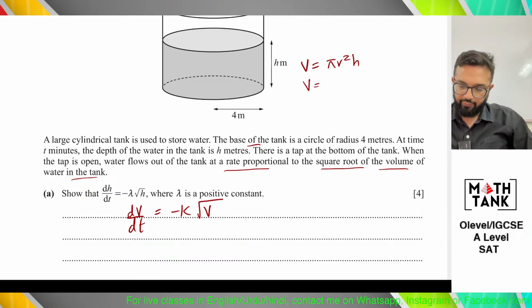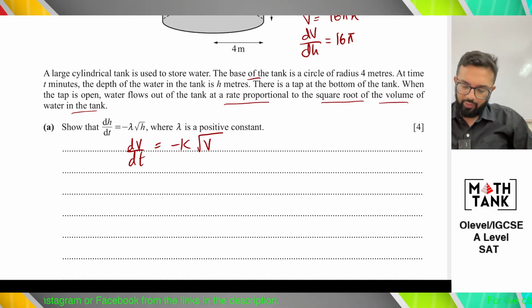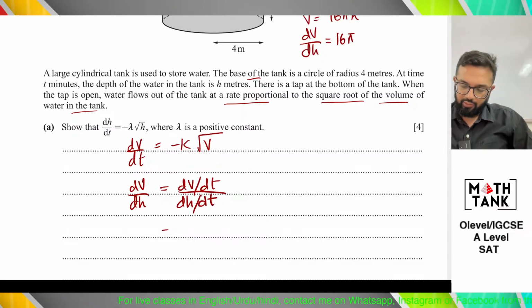So pi 4 square, so 16 pi h. I will need dV over dh as well, so that's 16 pi. I will need the chain rule now. So dV over dh equals dV over dt divided by dh over dt. So that's 16 pi. I need dh over dt, that's what I want to prove to you.